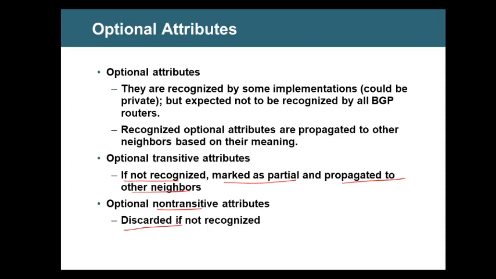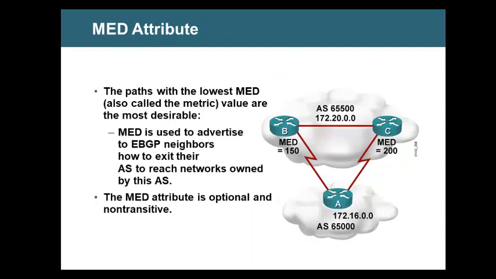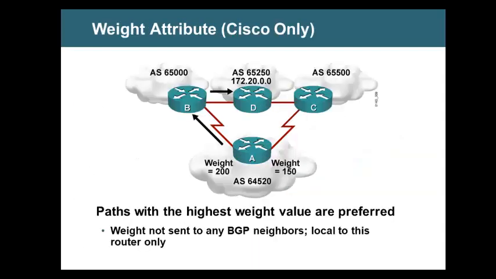Is it clear? See why it is optional? It is not recognized by all BGP routers, meaning some vendors may have it, some vendors may not have it. One such attribute is weight. This one is an optional attribute, but it is optional transitive.